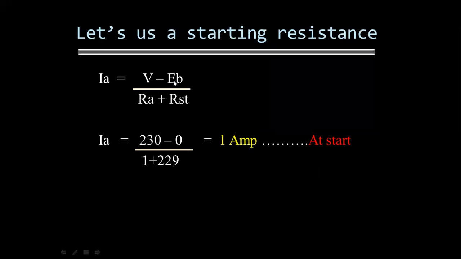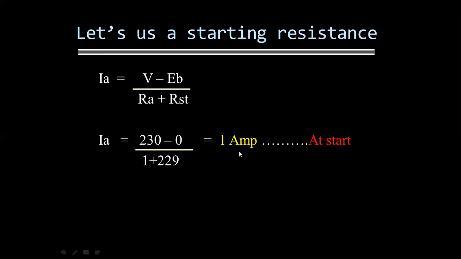So V minus EB divided by RA plus starting resistance. Let's choose its value as 229 ohm. So again, I put values in the equation: 230 minus back EMF 0 divided by RA, which is 1 ohm armature winding resistance, and the starting resistance 229 ohm. So now the current is limited to 1 ampere only.